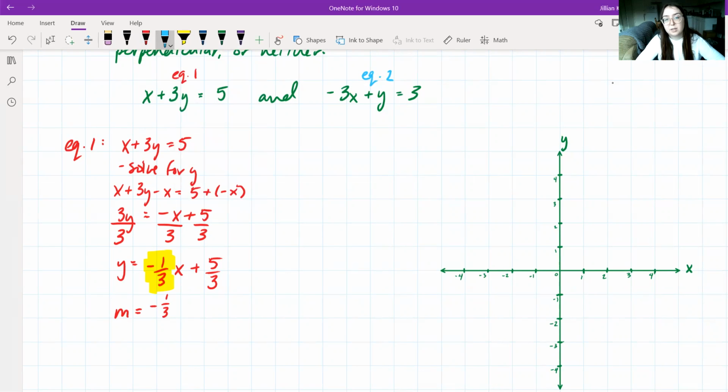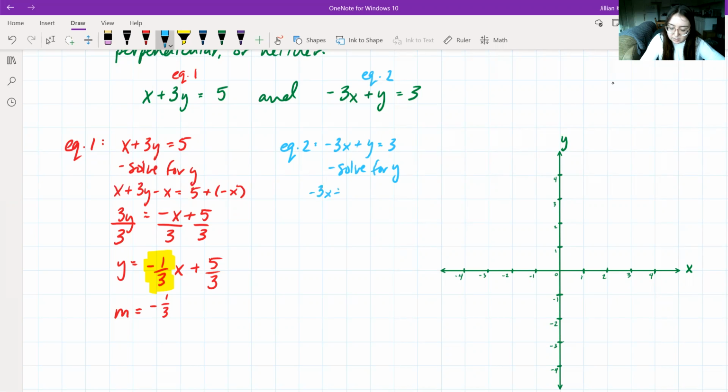And now we want to check the slope of our second equation. Equation 2, which is negative 3x plus y equals 3, we want to, once again, solve for y. If we're solving for y in this case, we want to isolate y, so let's add 3x to both sides.